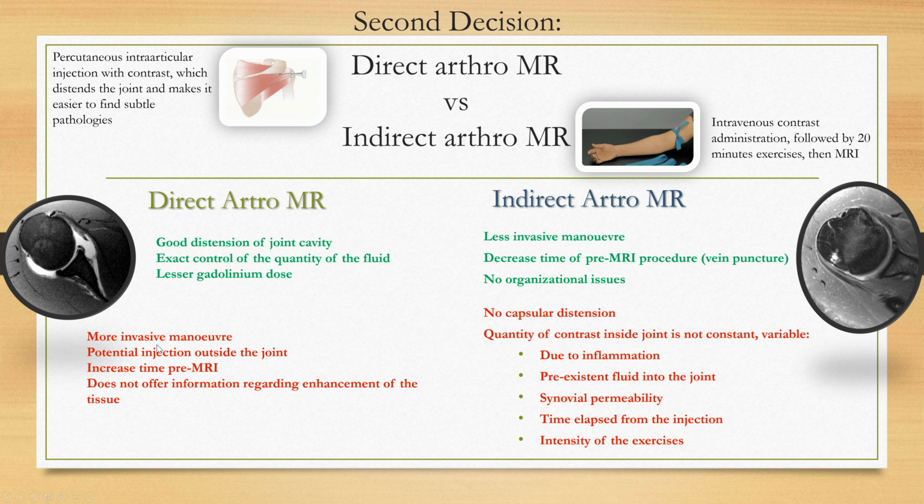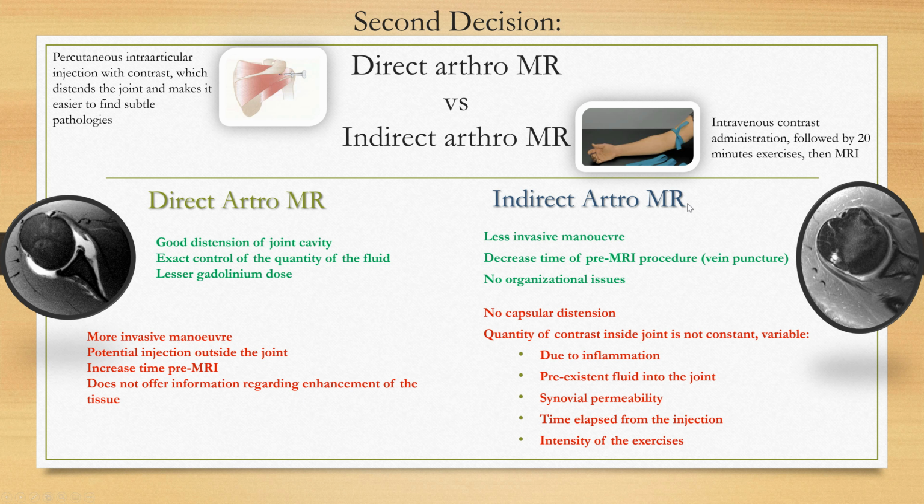But this is a more invasive maneuver. There is potential of injection outside the joint and it might increase the time pre-MRI. And of course, it does not offer information regarding enhancement of the tissues, which would be great if we have a tumor or some rheumatological disease.